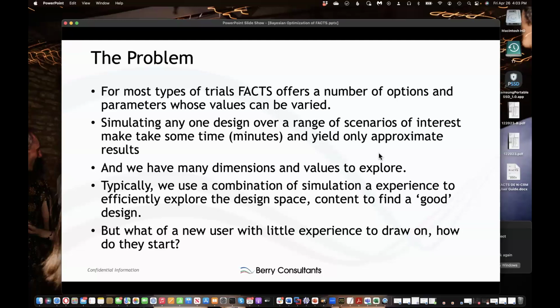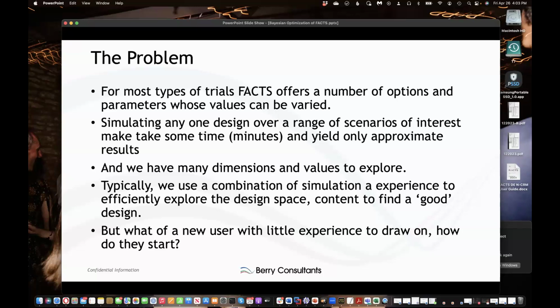So the problem, as I think anyone who's used FACTS to design trials will know, is that for most of the types of trials that you can design in FACTS, there's quite a large number of options and quite a large number of parameters whose values you can vary. Simulating any one particular design, any one particular selection of options and values of those parameters, over a range of scenarios of interest can take some time.